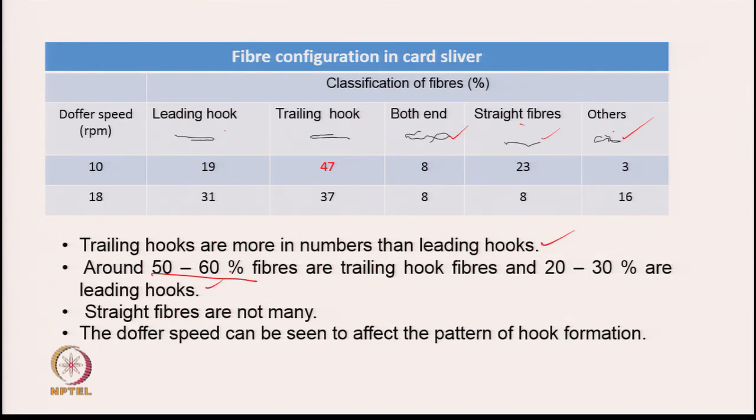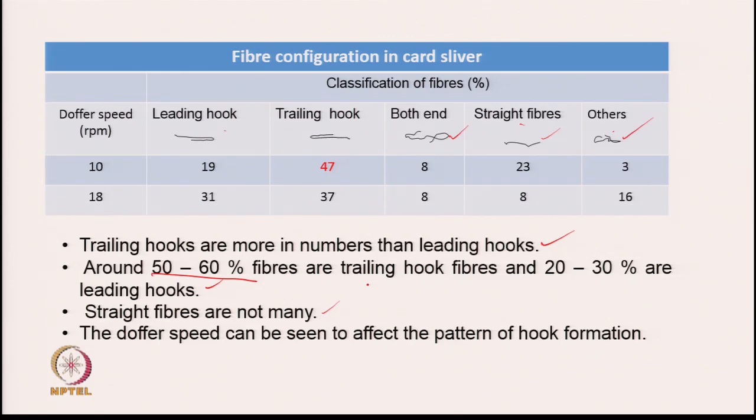This is also the typical distribution of the hook fiber in a sliver. Straight fibers are not really many, but there are definitely some straight fibers as well, and we can also see that the Doffer speed can affect the pattern of hook formations.